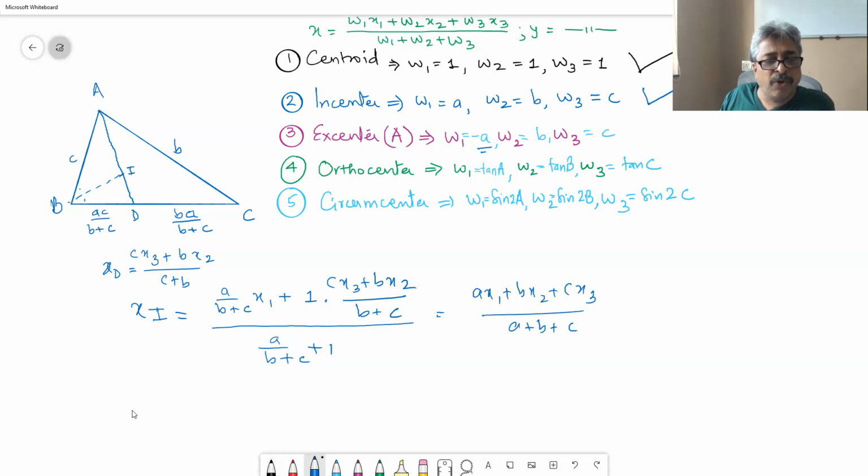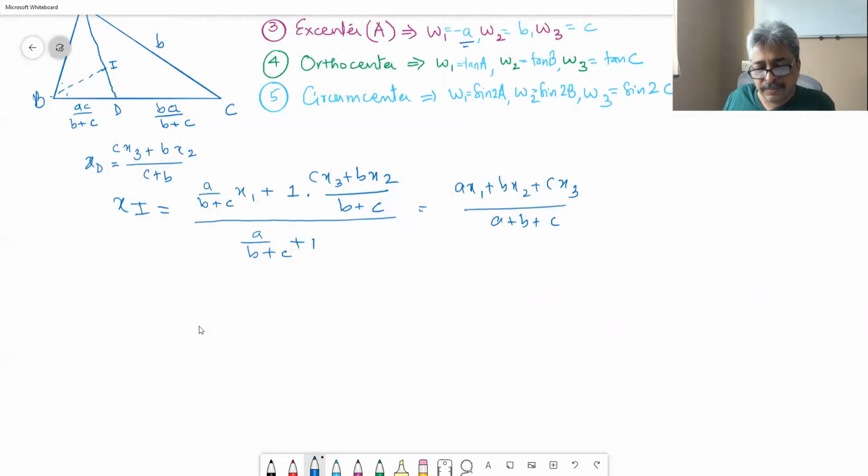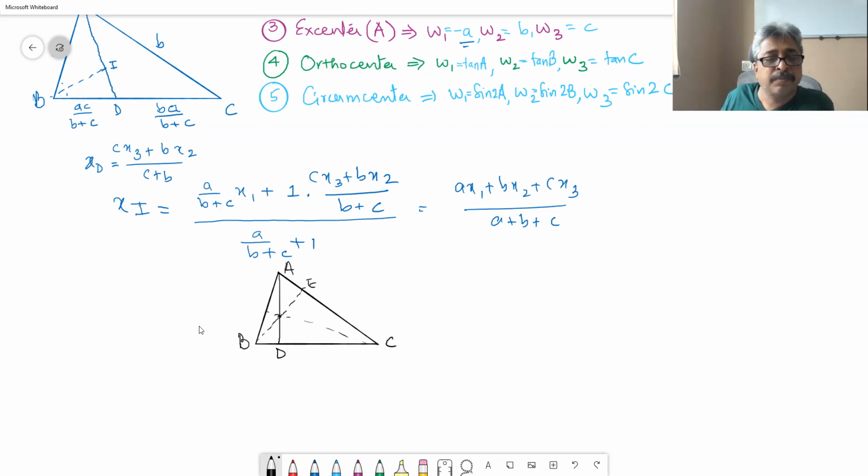Okay, so if we want to do now orthocenter, then we need a triangle, altitude, and then orthocenter H. A, B, C, D, E, and F, maybe. This is 90.